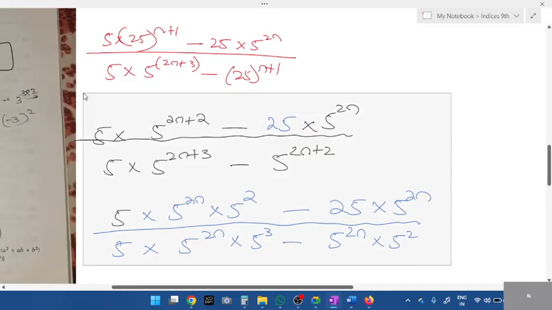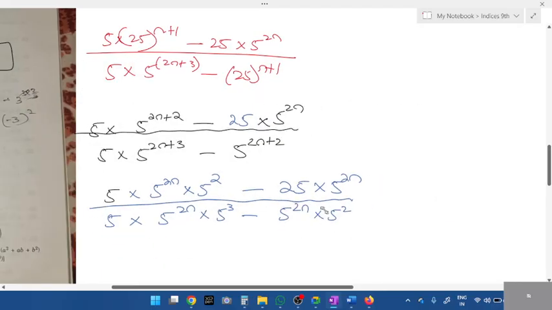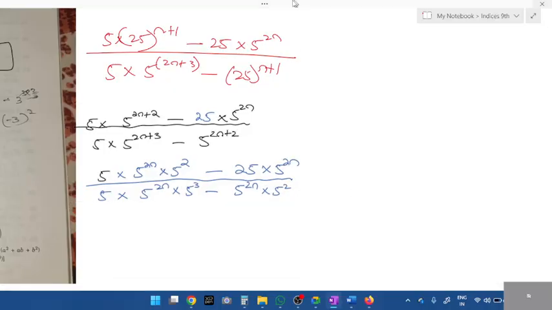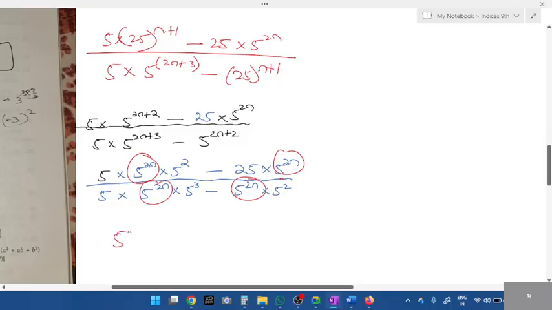Plus meaning is multiplication, right? Okay, tell me what is common in the numerator. In everything we have 5 to the power of 2n. Take it out, common. 5 into 25 minus divided by.